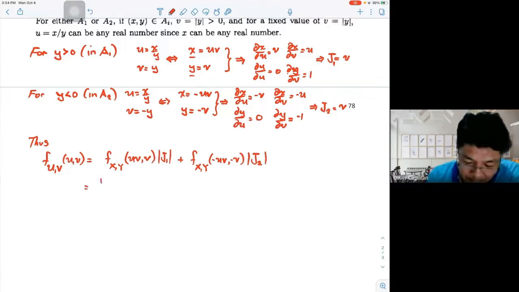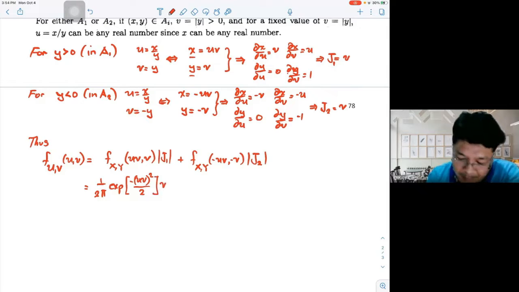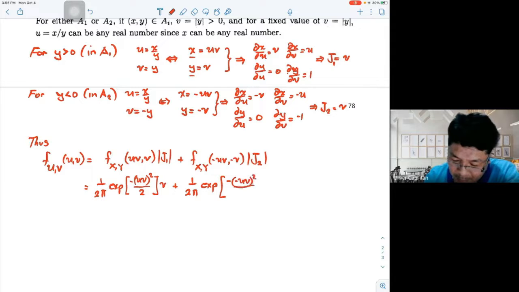So we have 1 over 2 pi, the exponential function of negative uv quantity squared over 2, times the absolute value of v, and then plus 1 over 2 pi, the exponential function of negative uv quantity squared over 2.